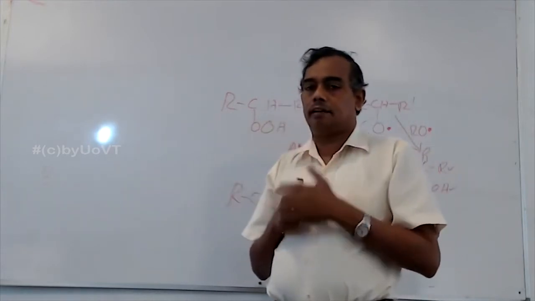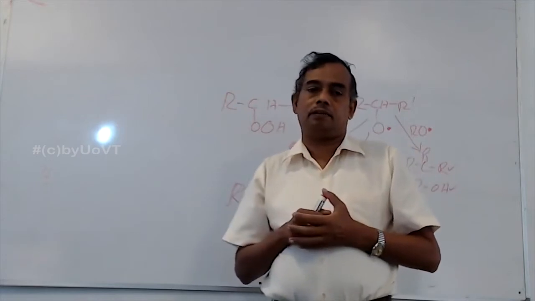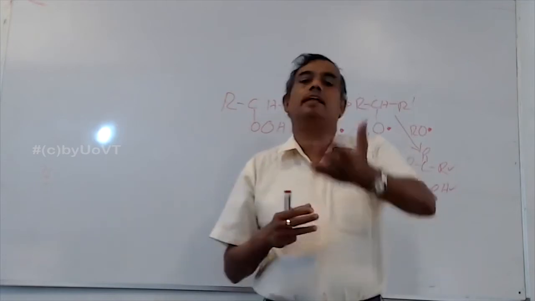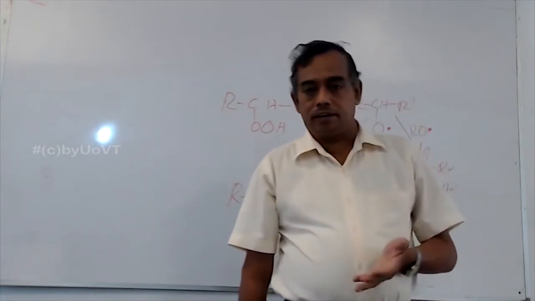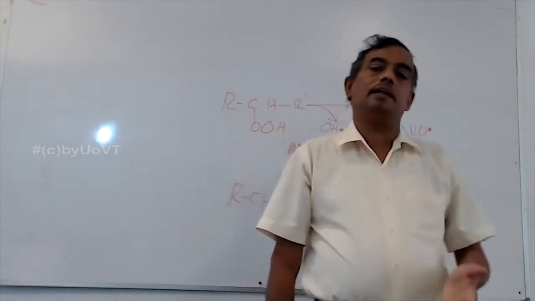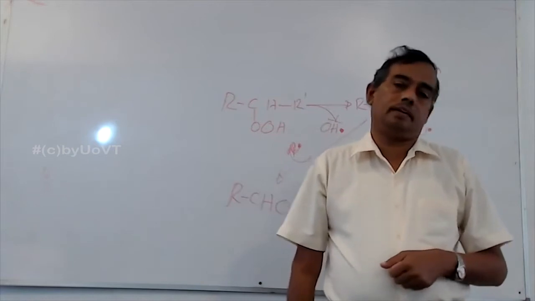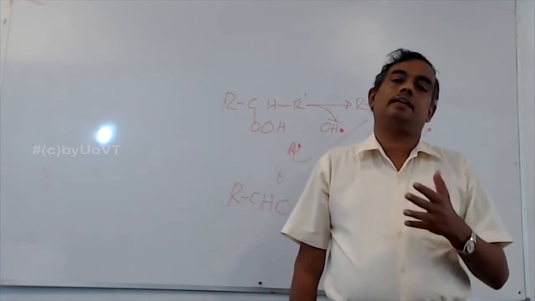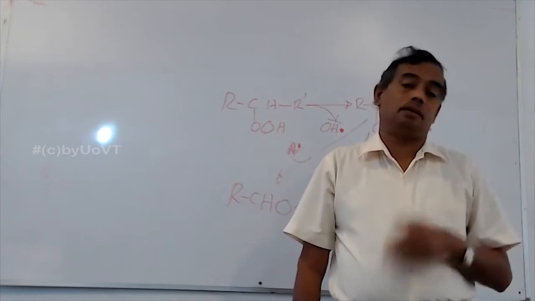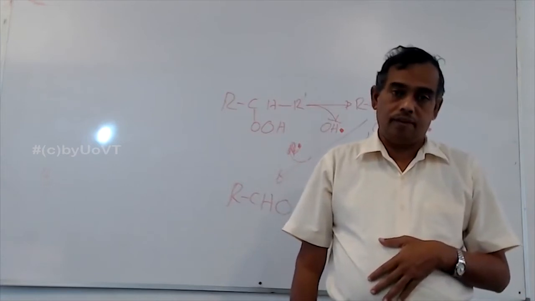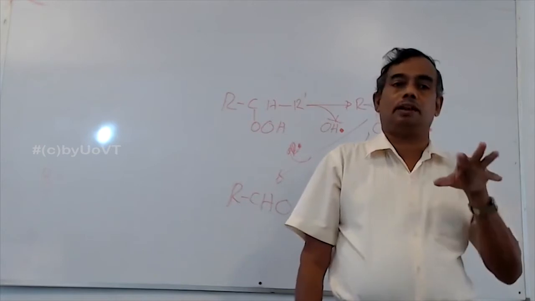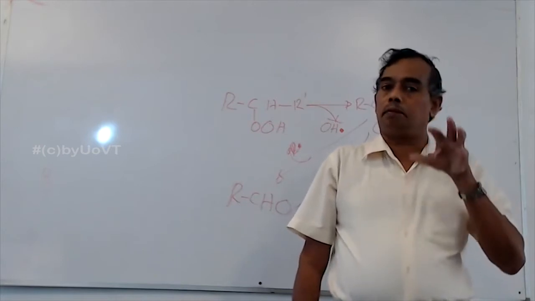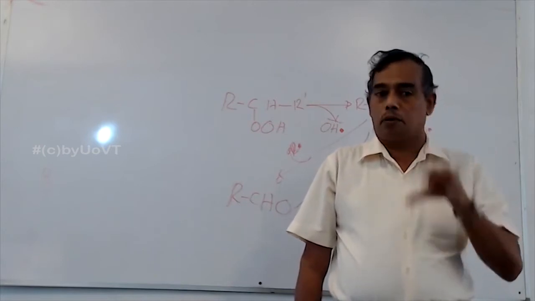We can identify certain factors which are responsible for accelerating this reaction: moisture, oxygen, heavy metals. Those accelerate the rate of the auto-oxidation process. So these are the very important facts behind the auto-oxidation process. You have to prepare your own notes.